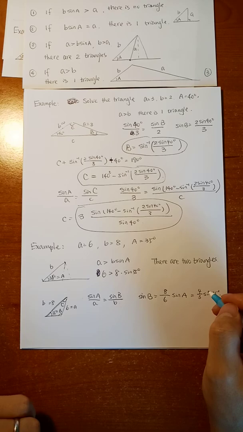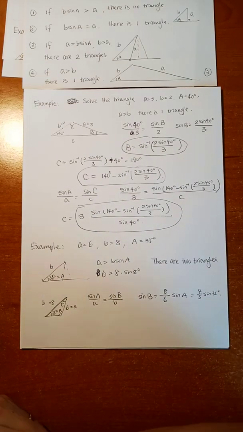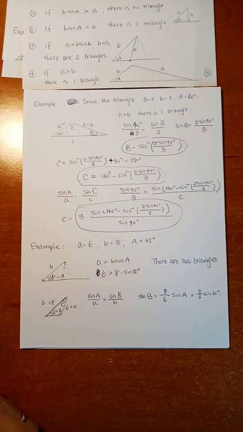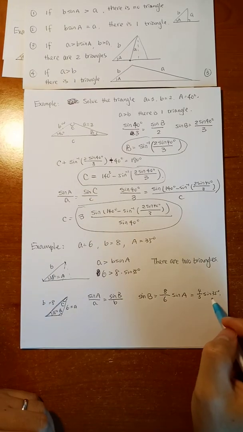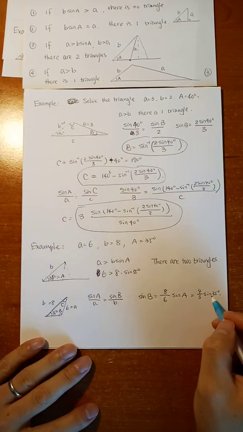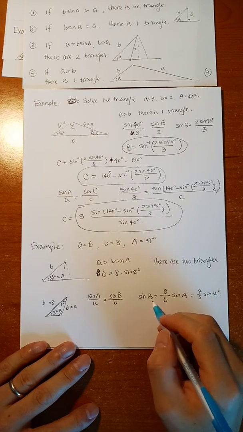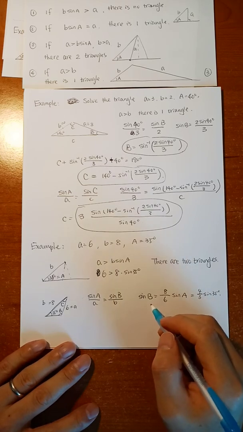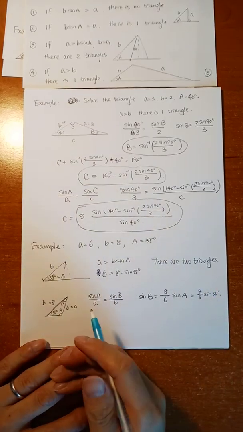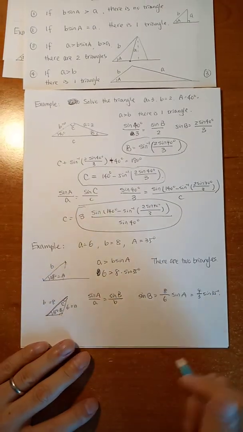This is a sine value, and I don't know if B is an acute angle or an obtuse angle, because acute and obtuse angles both give us positive sine.